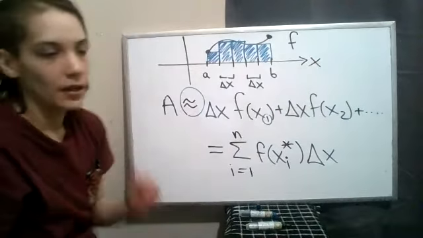All right, so talking about different ways to make these rectangles. Also talking about delta x. Delta x is b minus a divided by n.